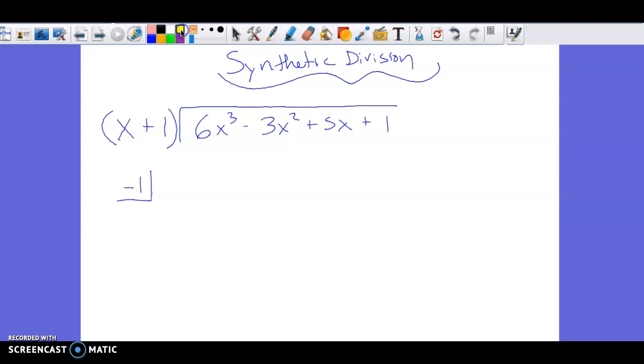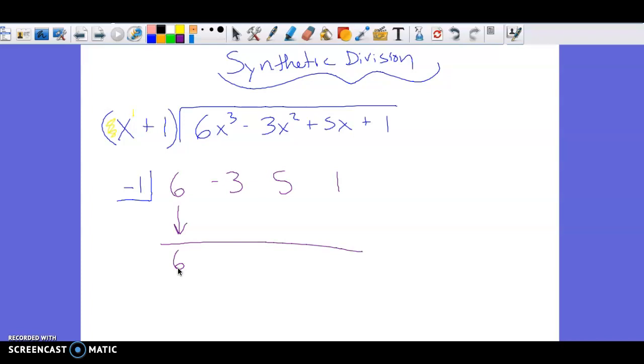Now, like I said, it only works if you have x to the first power and nothing in front of x, okay? So first thing I'm going to do is bring down all my coefficients: 6, negative 3, 5, and 1. Now, if I had a gap, I would put a 0. The first step is to bring down the 6, or whatever number's here, you're going to bring it down.